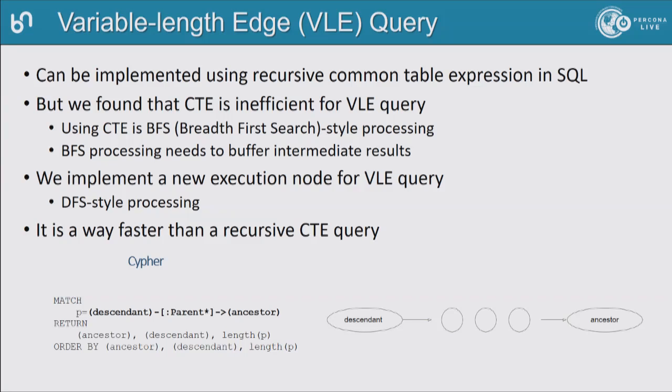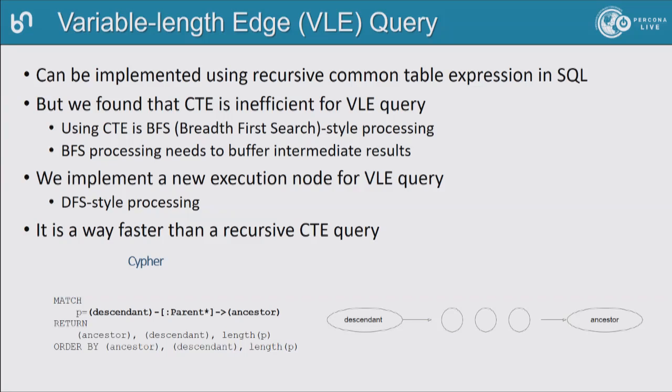The VLE pattern is a concise way to express a range of matching paths. This query can be implemented using recursive common table expressions, as we saw in the previous example. But we found that the CTE approach has some performance issues.